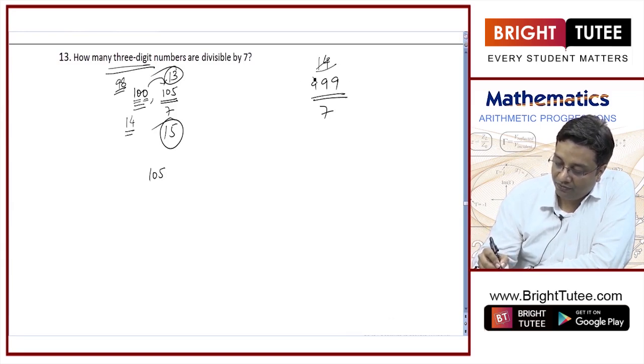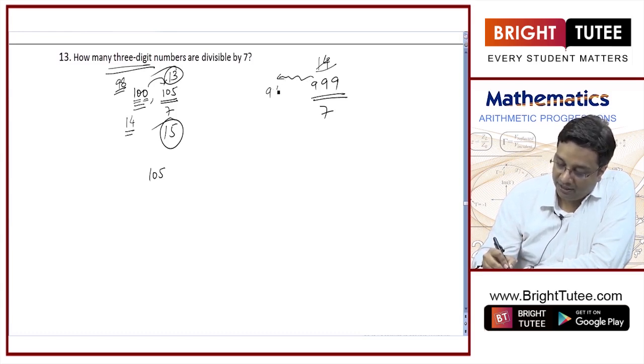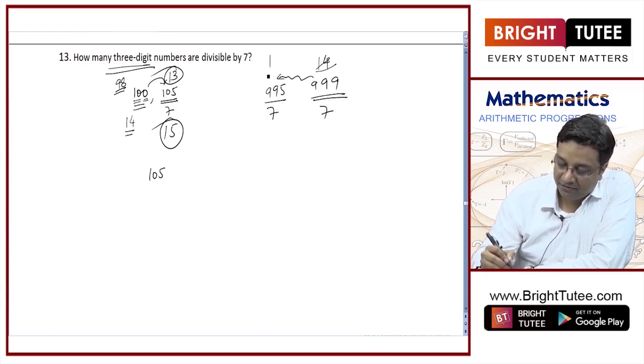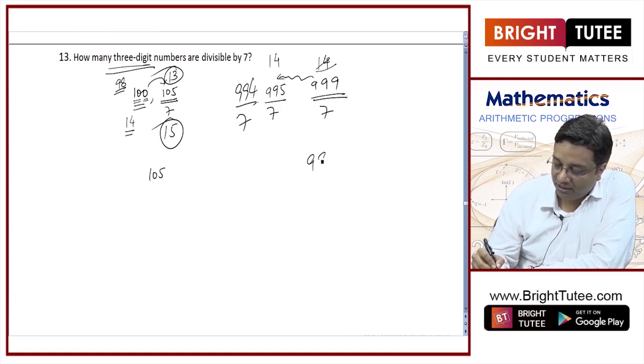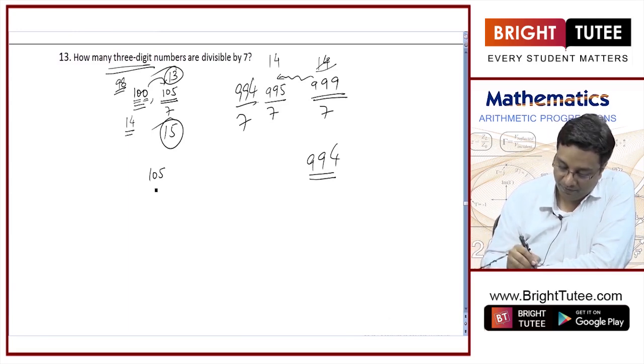So if I move 5 terms to the left, let's check 995. 995 when divided by 7 will give me 7 ones are 7, 2, 7 fours are 28. It will still give me remainder 1. So 994 is divisible by 7, right? So the last term which is divisible by 7 is 994.